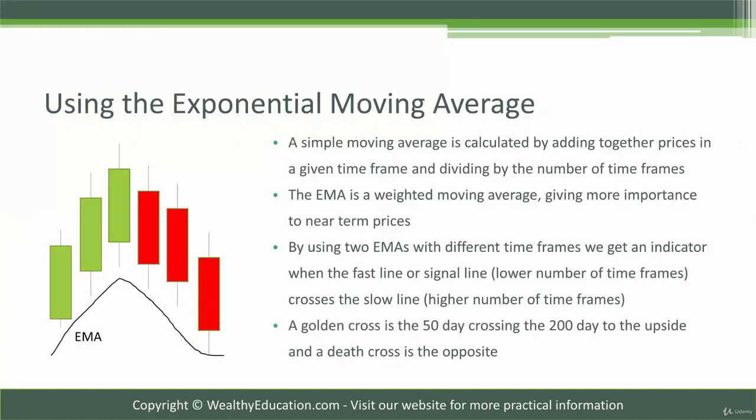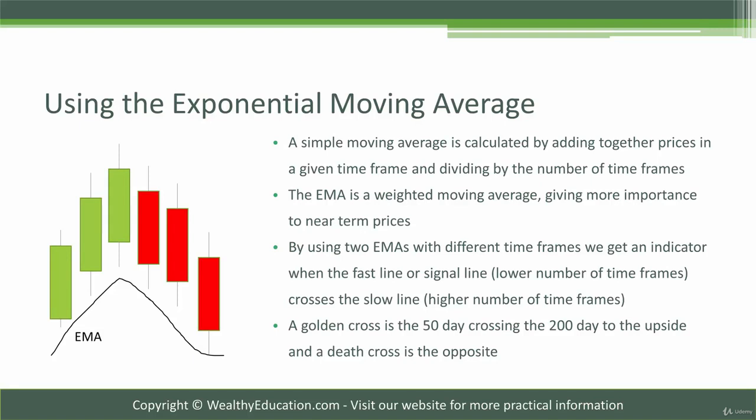exponential moving average. A simple moving average is calculated by adding together prices in a given time frame and dividing by the number of time frames. So a 20-day simple moving average would take the closing price for the last 20 days, add them all together, and then divide by 20.